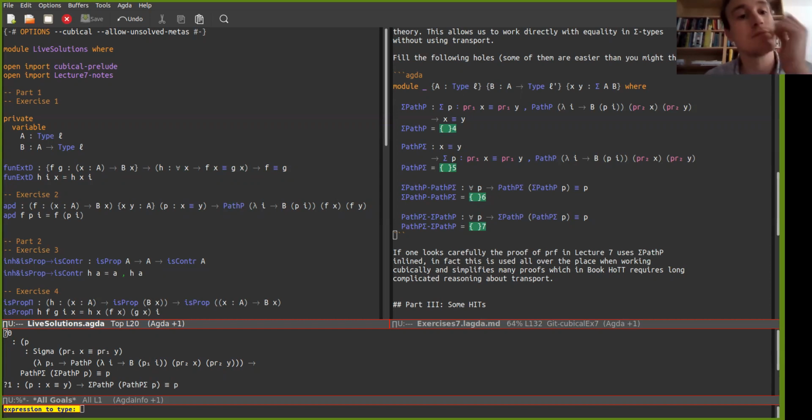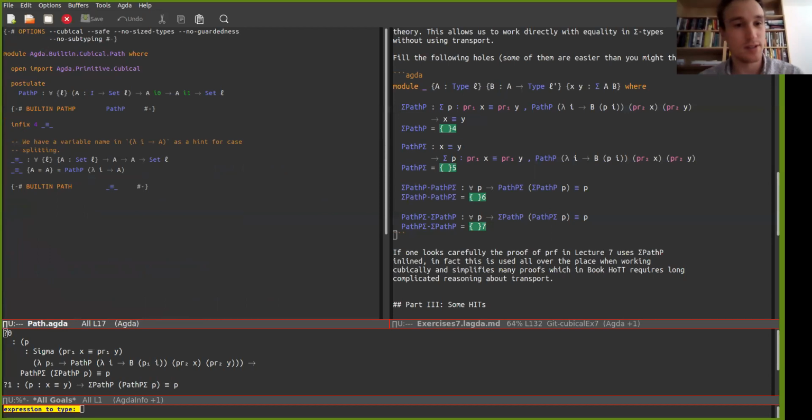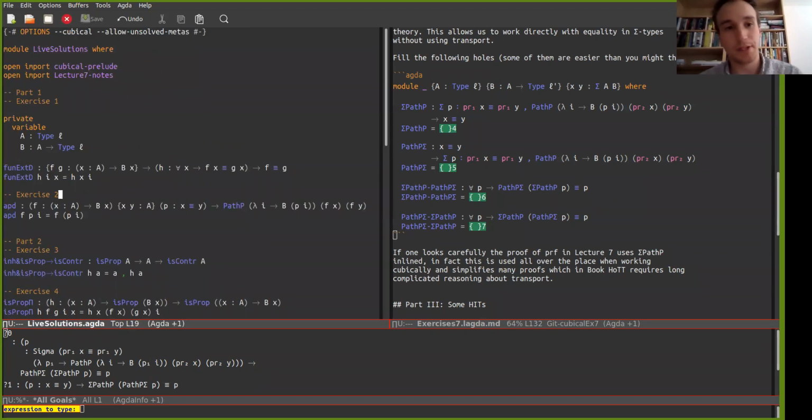Okay, actually, yeah. I wanted to say that this is a path P and the other one is a path type, but the way things are done, if you remember, is that the triple bar is defined as a path P. This depends a bit on the setup. Maybe you've heard about different cubical type theories.